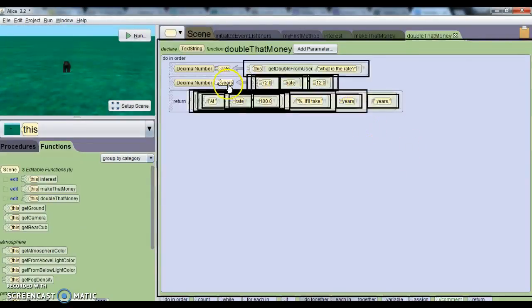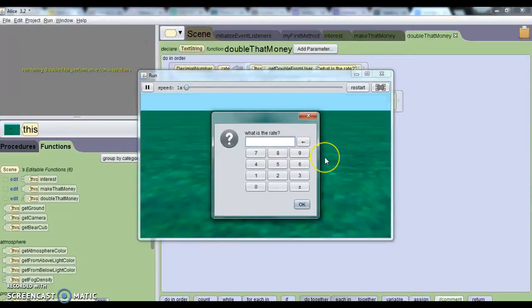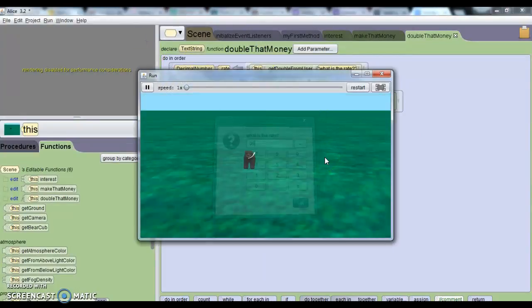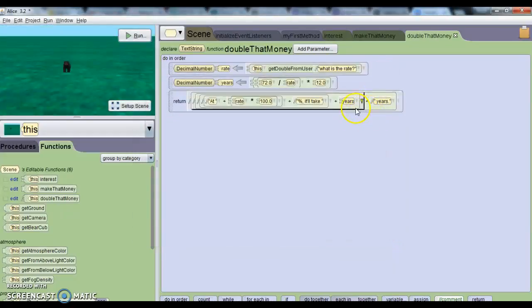Okay, so this, as of right now, isn't doing our if statement. If we said 0.05, it'll take a lot of years. Oh, and I apologize about my calculation.